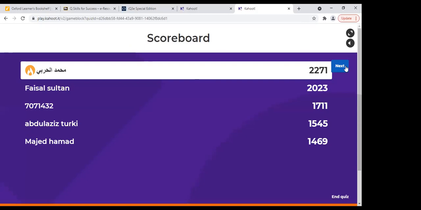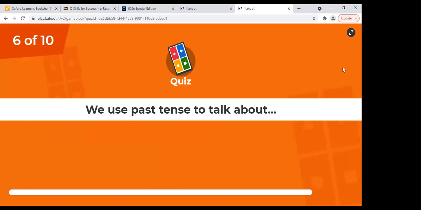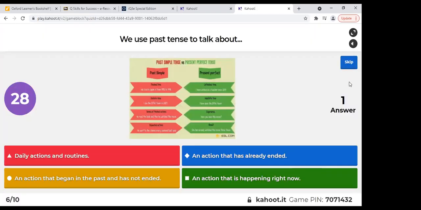You can't join what, sorry? Question 6 now. But I can't enter. Why? I didn't know. Are you using the code? Yeah, 707-1432. I don't see the options.